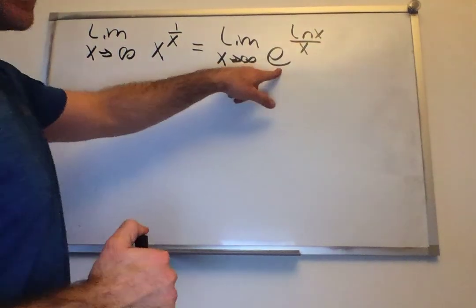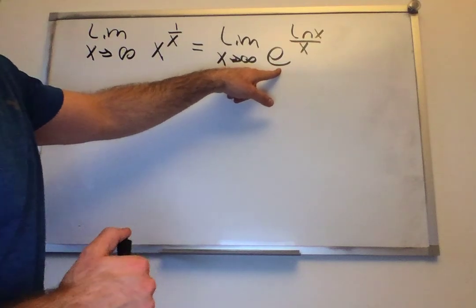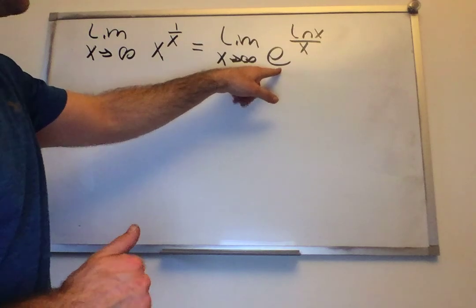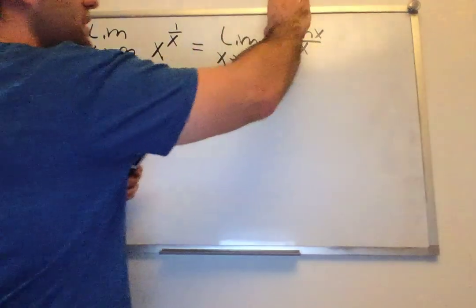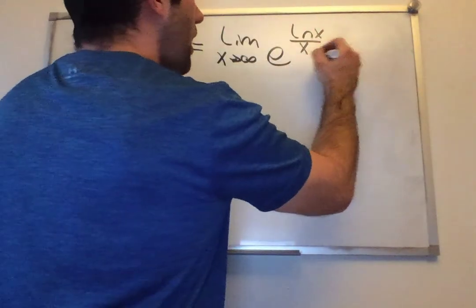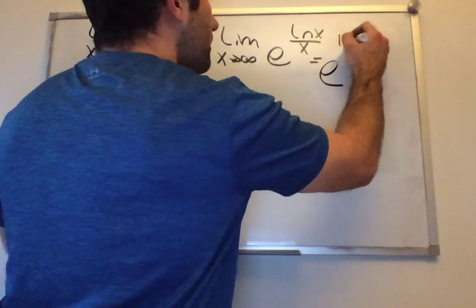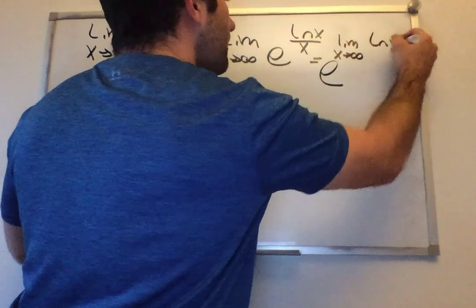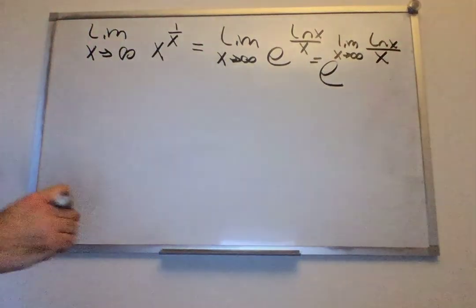Since e is a continuous function, an exponential function that is continuous and differentiable on its entire domain, we can absorb the limit up into the exponent: limit as x goes to infinity of ln of x over x.